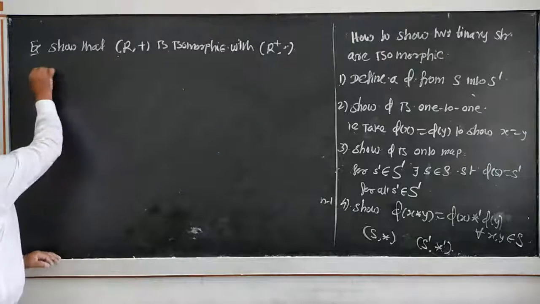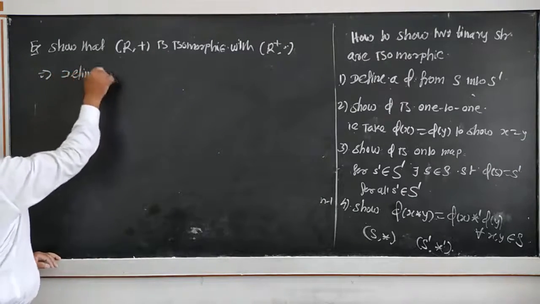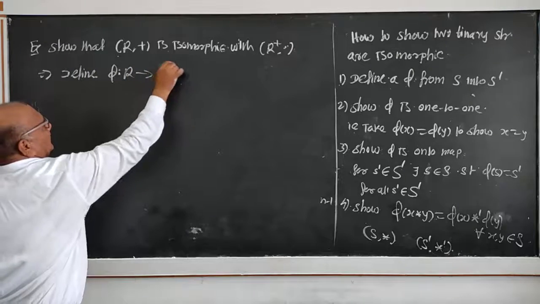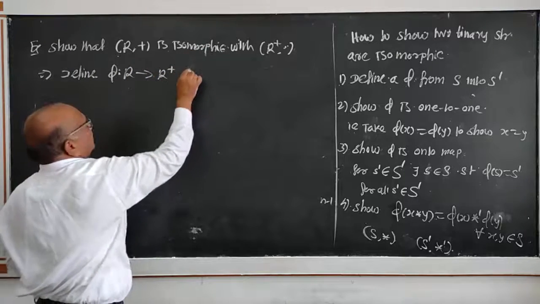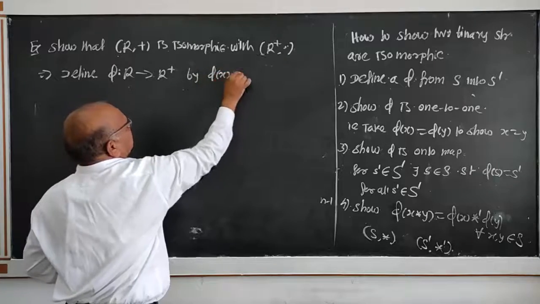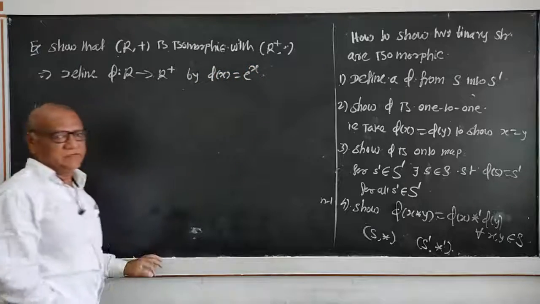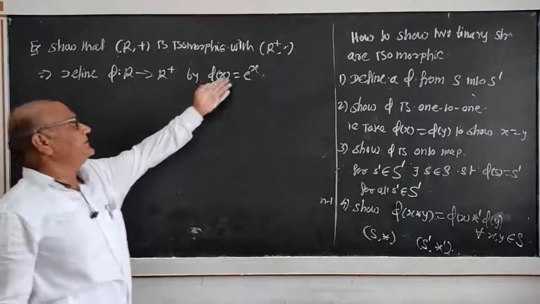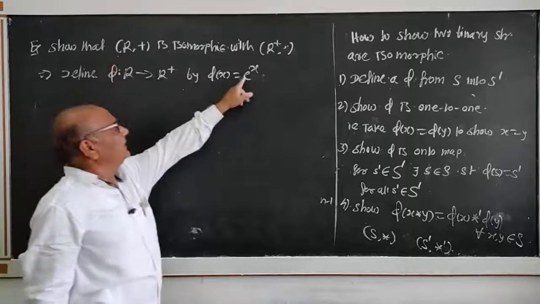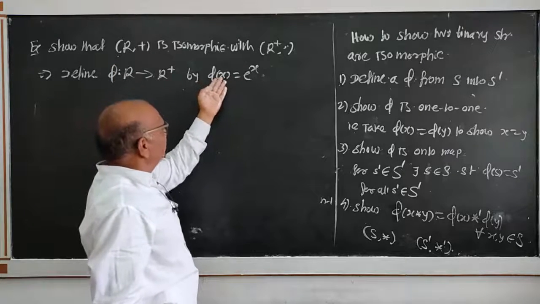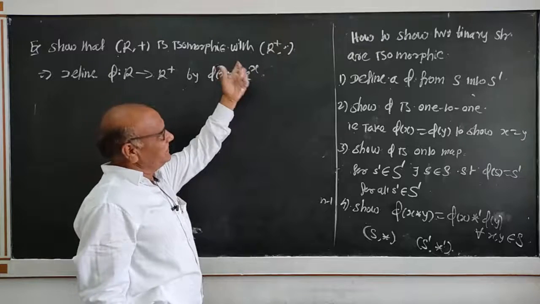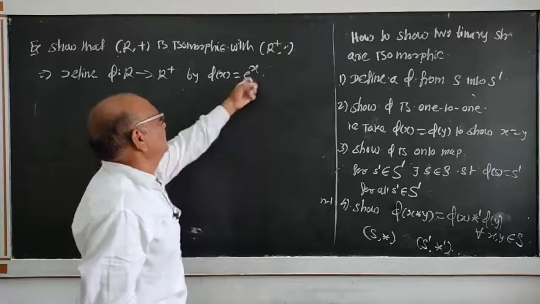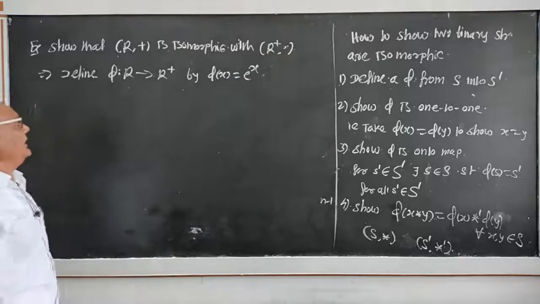See here, define a mapping phi from R to R plus by phi of x is equal to e raised to x. Clearly, this map is defined. If x is negative, then e raised to a negative number is also positive, so this number must belong to R plus.